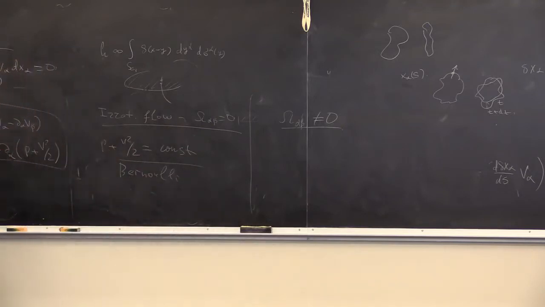Look at the equation and think how can we drop this term, and think how can we simplify this. How can we drop this term with vorticity? What should we do with the equation to eliminate this term?